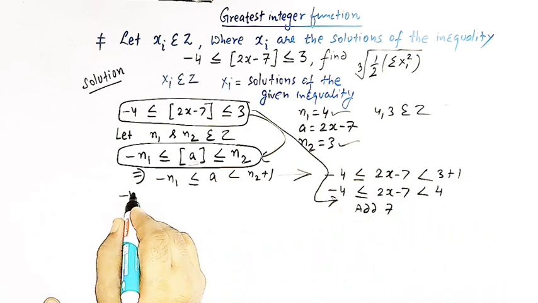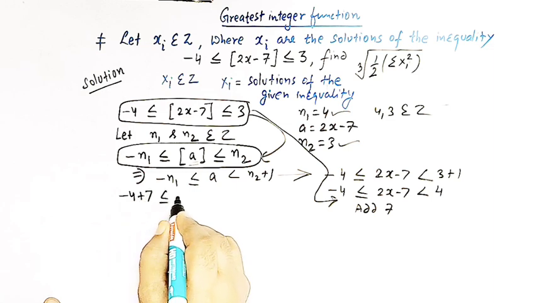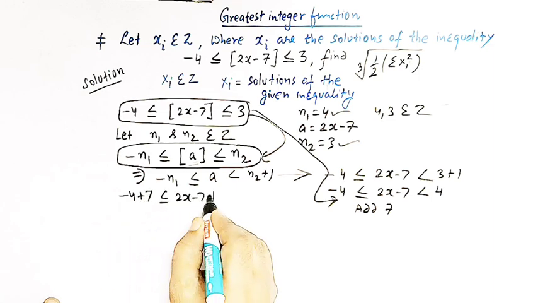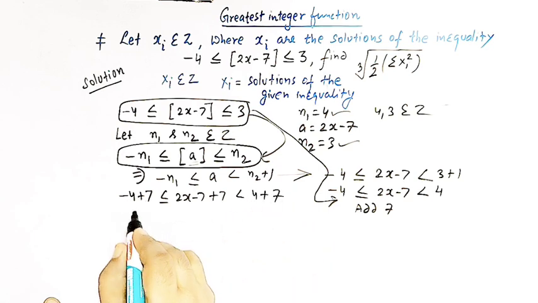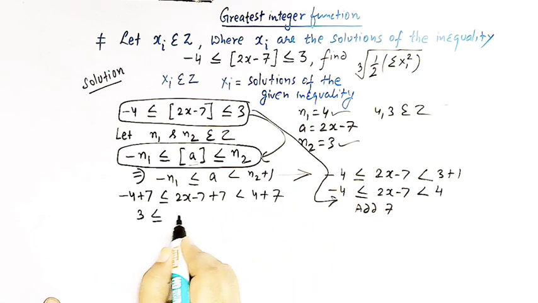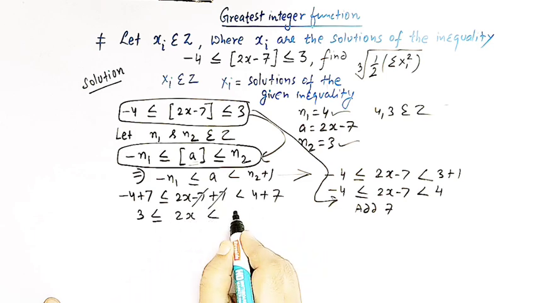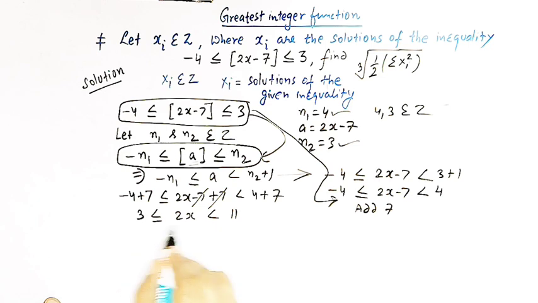So we have minus 4 plus 7. Here we have 2x minus 7 plus 7, and here we have 4 plus 7. So this is 3, here 7 and 7 get cancelled, 2x, and here we have 11. Now we can divide throughout by 2, right?